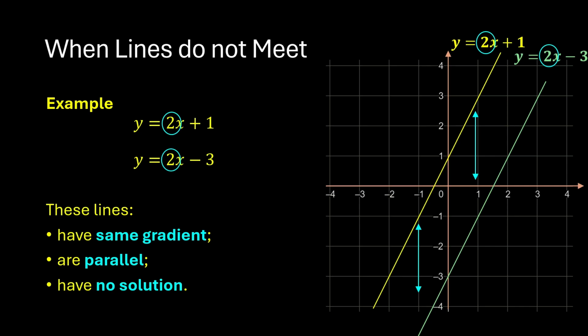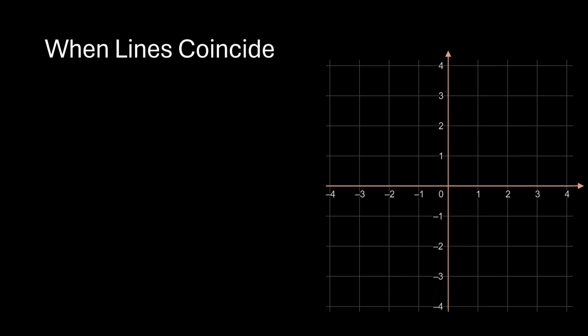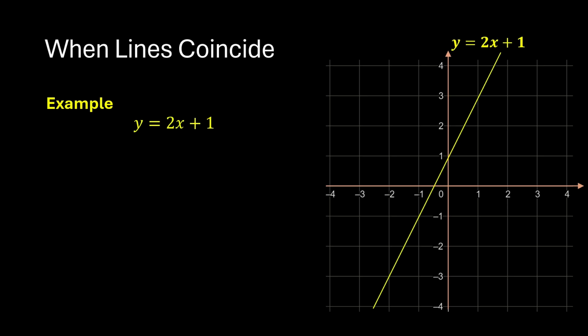Let's now take a look at another special scenario. This is when lines coincide or are the same line. So let's take a look at this example. y equals 2x plus 1 is drawn as shown here.